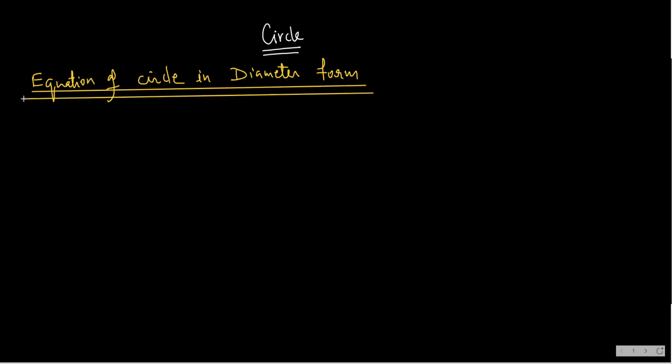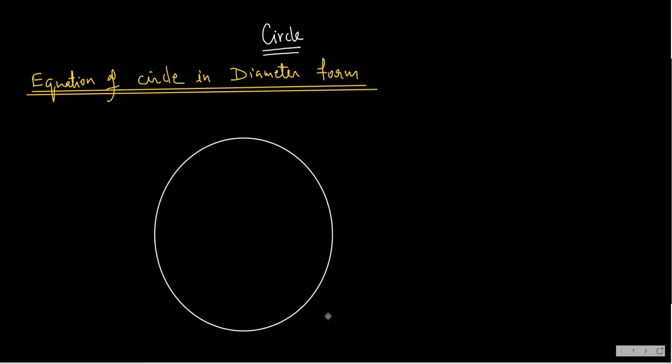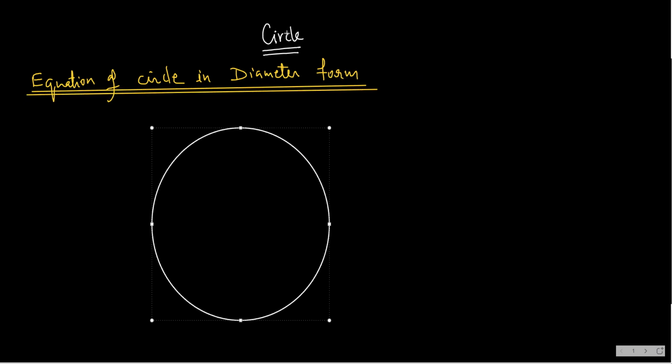So what actually we have in this, see here, there is a circle, and for this circle, we know the endpoints of the diameter of the circle.